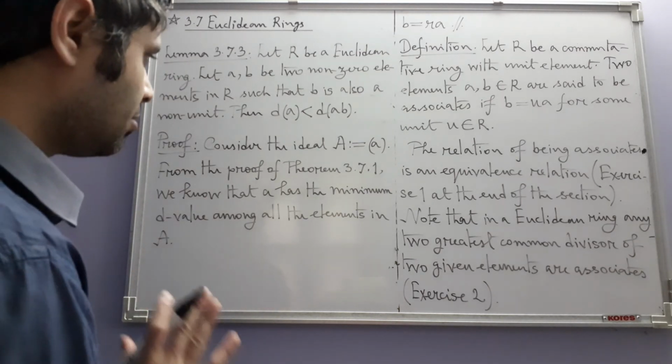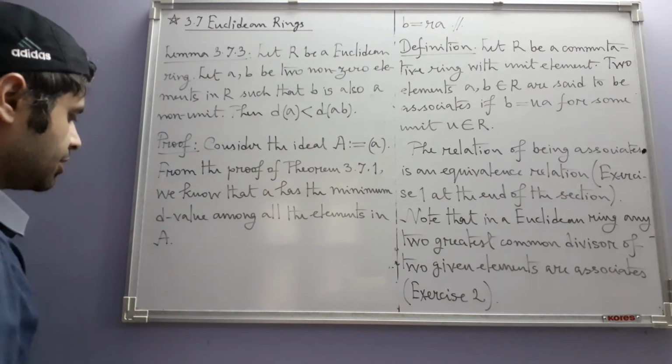So A has the minimum d value among all the elements in capital A.